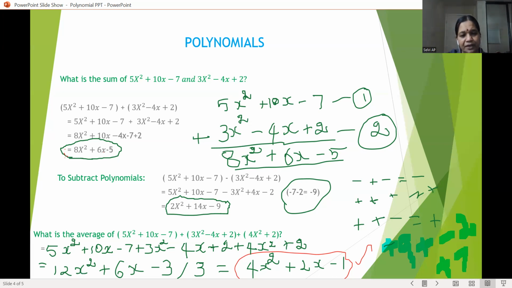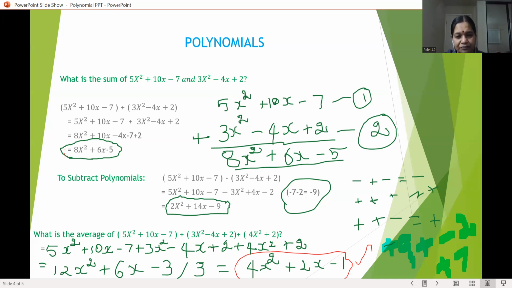Here 5 is the larger number and the sign for 5x² is plus, so you put plus 2x². Don't get confused. When you do more practice, you will get familiar with this. Then plus 10x plus 4x equals plus 14x.